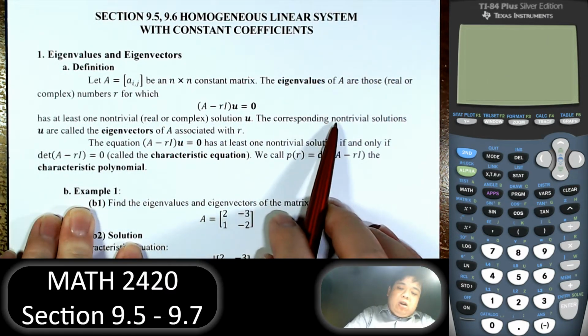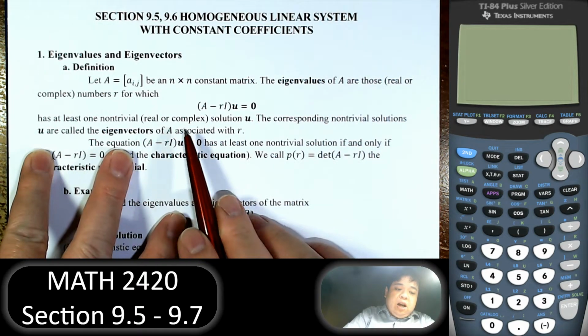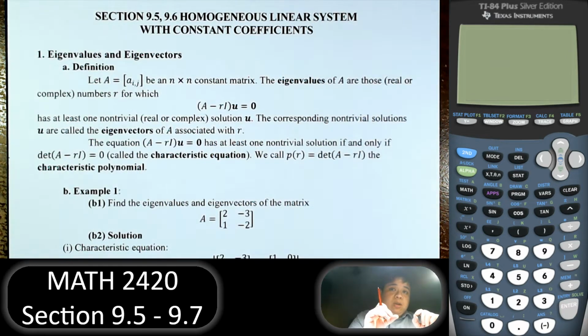The corresponding non-trivial solutions U are called the eigenvectors associated to that eigenvalue. So eigenvectors and eigenvalues are a pair. An eigenvalue is a number, an eigenvector is a vector, and they associate to each other.